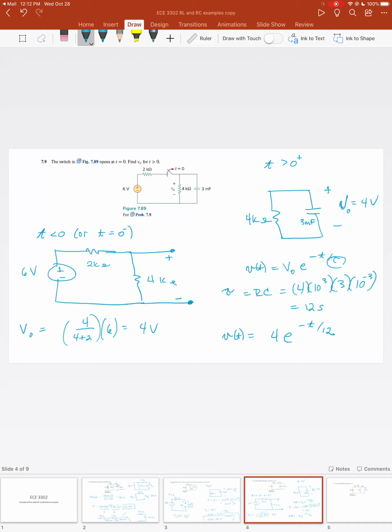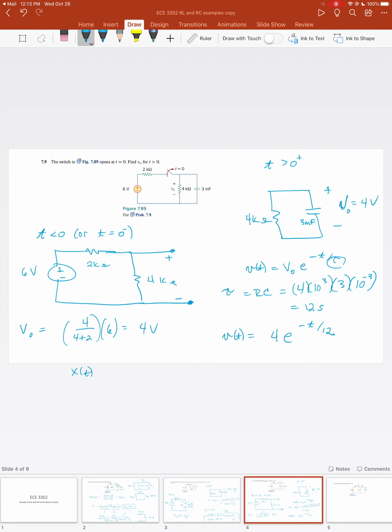Now, if you'll bear with me for just a moment, I want to talk about what we looked at when we talked about the step response, and that is that there is this general formula that works sort of for everything.